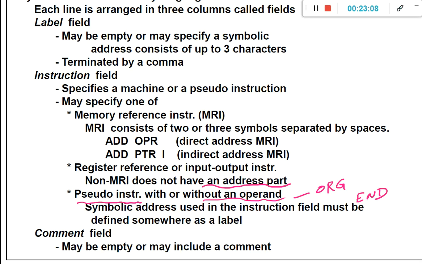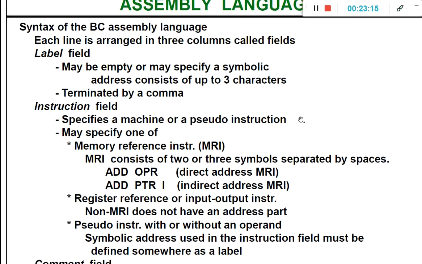In addition to these types of instructions, in assembly code you will have one more type known as the label field. We have already seen the label field, which is used to define the values for the variables. In the previous assembly code, we saw the label field defining the values for variable A, variable B and variable C. Those are terminated by a comma.